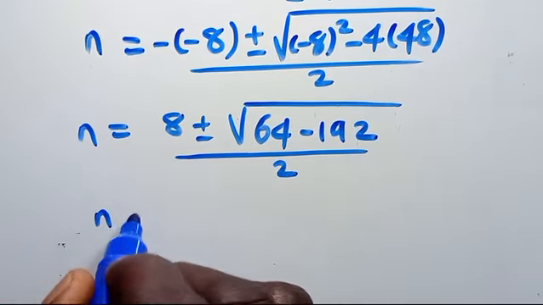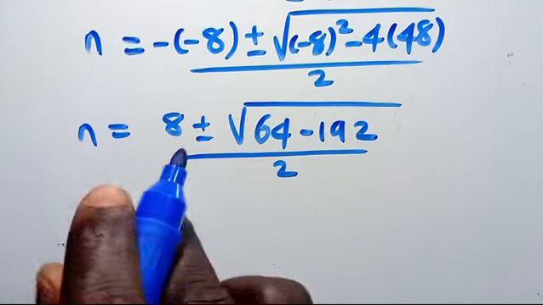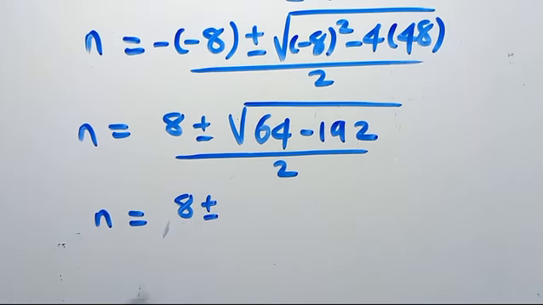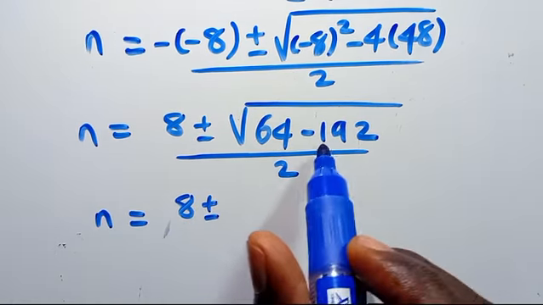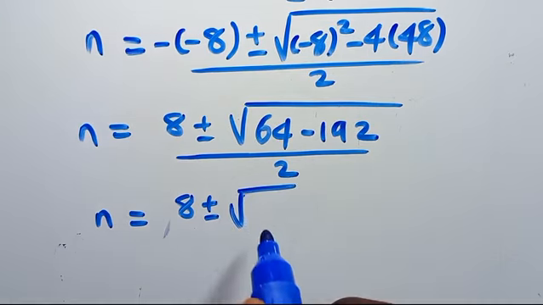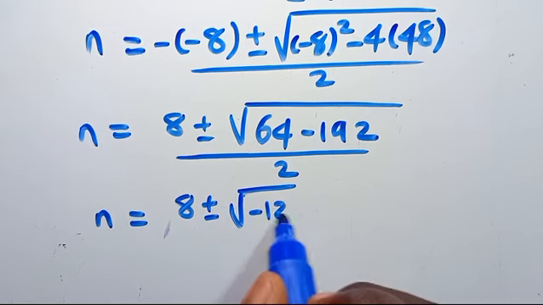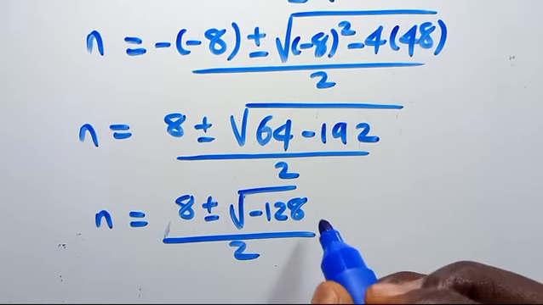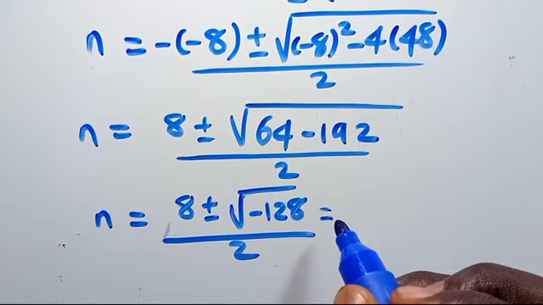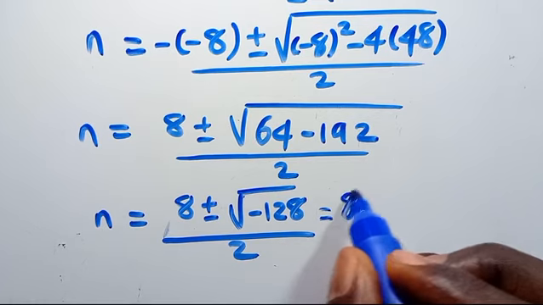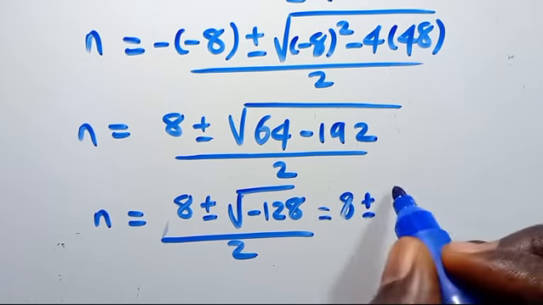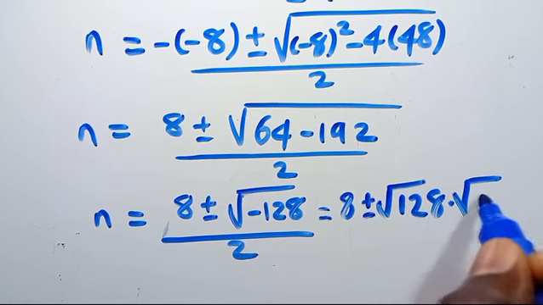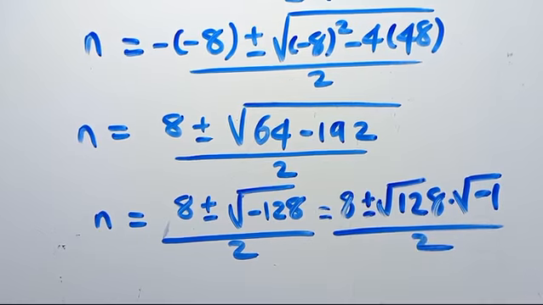Now we have n equals 8 positive or negative 64 minus 192, here will be minus 128, over 2. And this can be simplified as 8 positive or negative root 128 times root of minus 1 over 2.